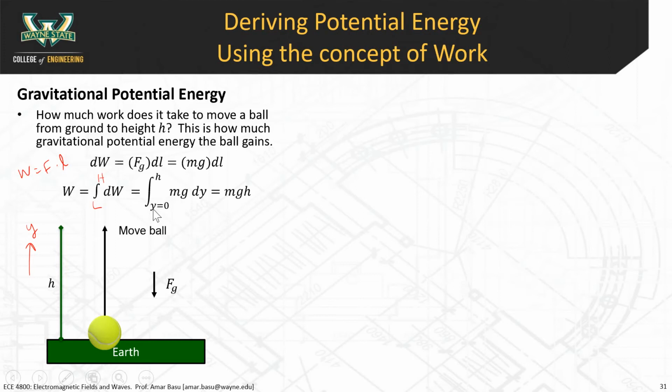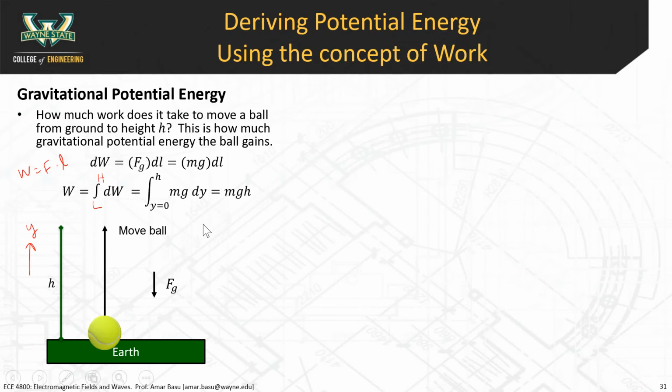And you're going to integrate this equation. The dW is just equal to m times g. Neither of these are a function of y, so this can just come right out of the integral. And then the integral from y equals 0 to h of dy is just equal to h. So that's how we got our mgh equation.